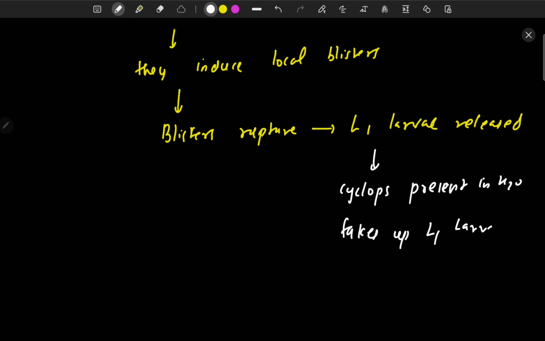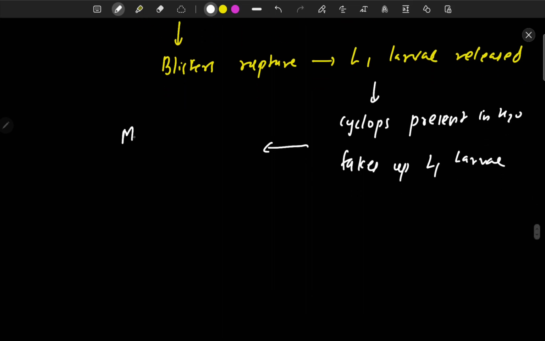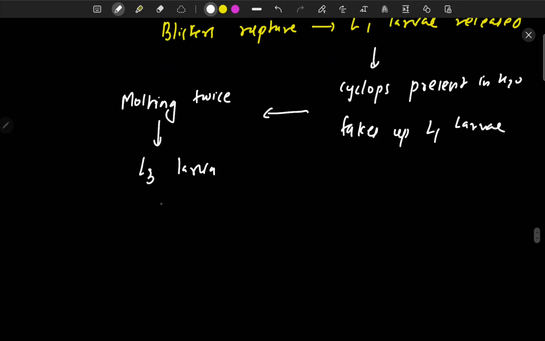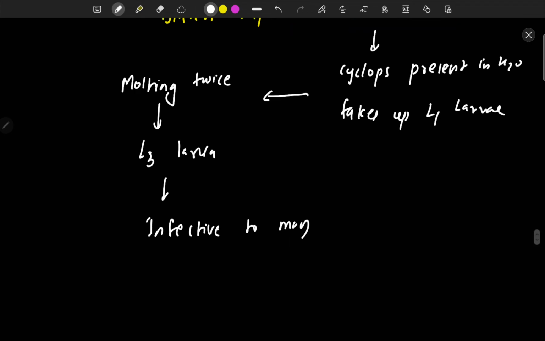They undergo molting twice and form L3 larvae, which are again infective to man. So this cycle continues. This is the life cycle.